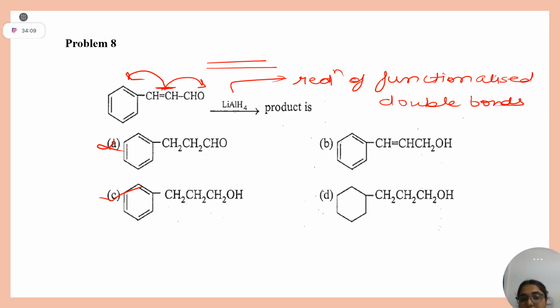Have you understood? D is wrong because a phenyl ring can't be reduced, right? And in this one, everything is good, but this double bond should also be reduced. Clear?